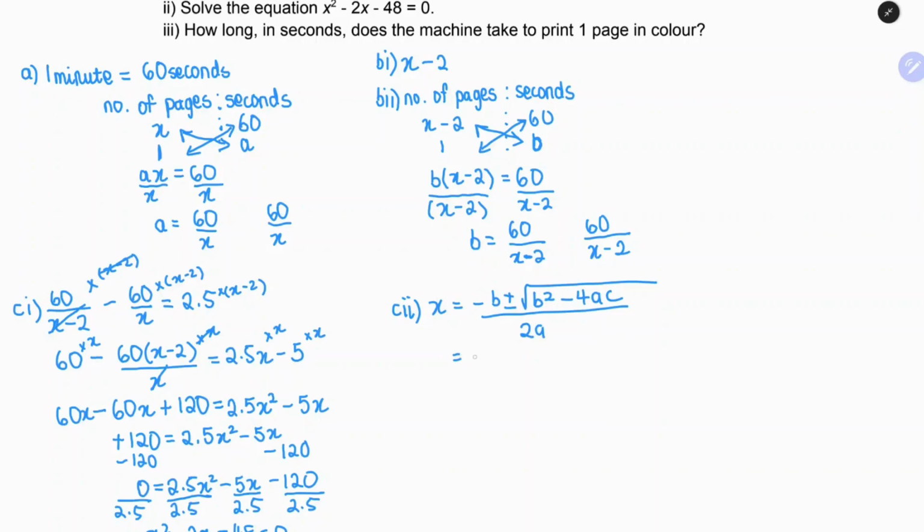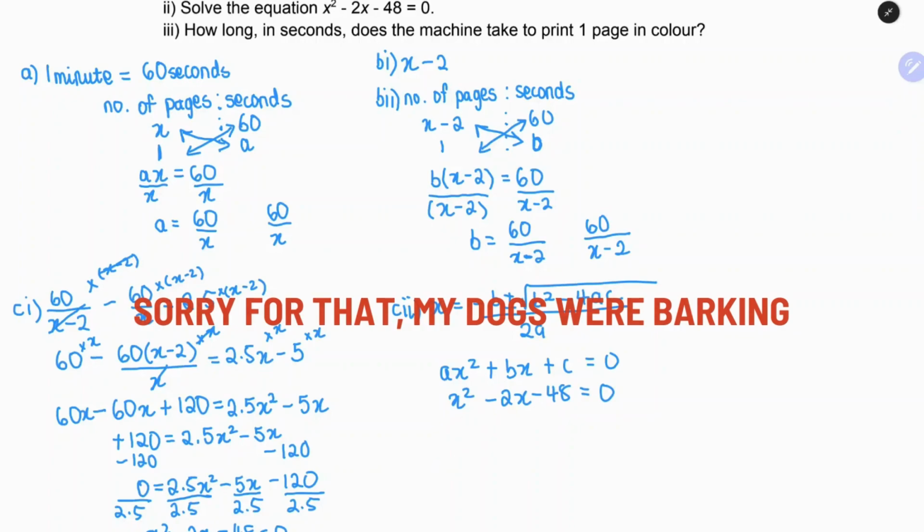Let's follow the same method we've been doing all along: ax squared plus bx plus c is equal to 0. So the equation is x squared minus 2x minus 48 is equal to 0.